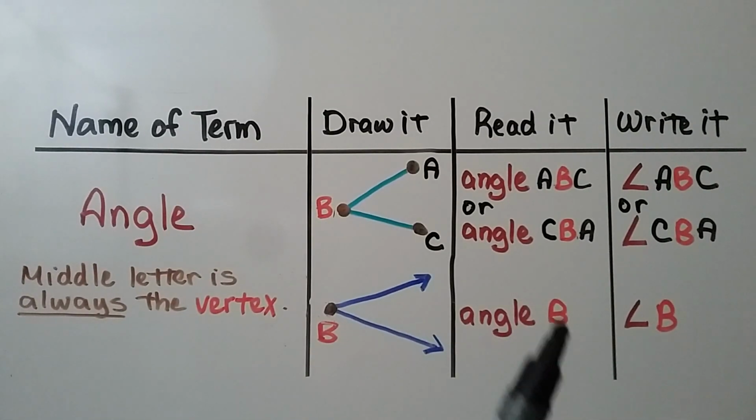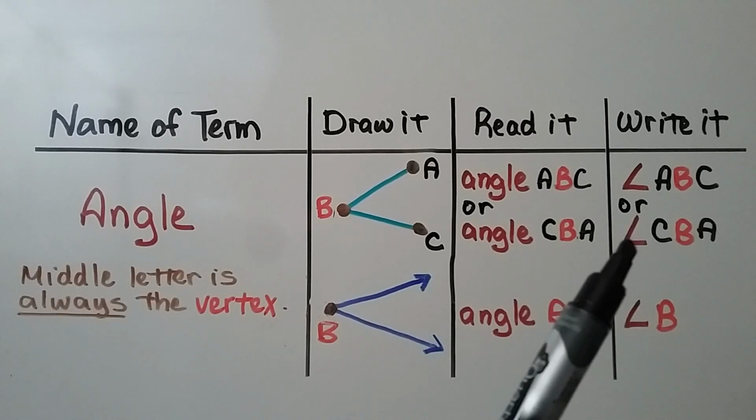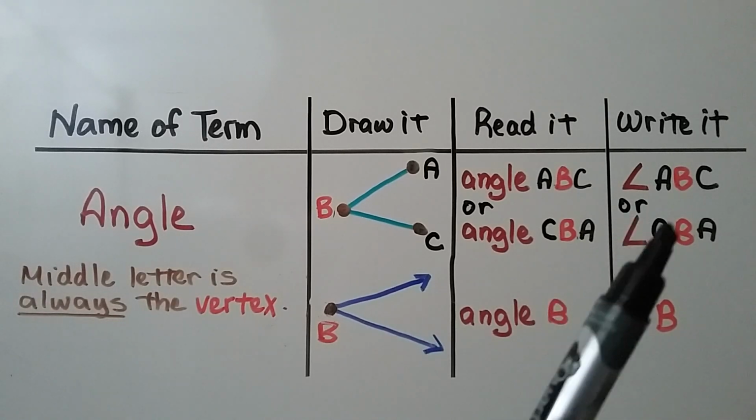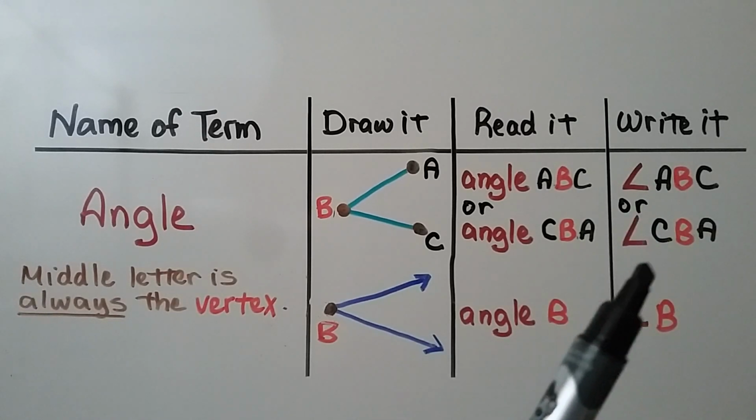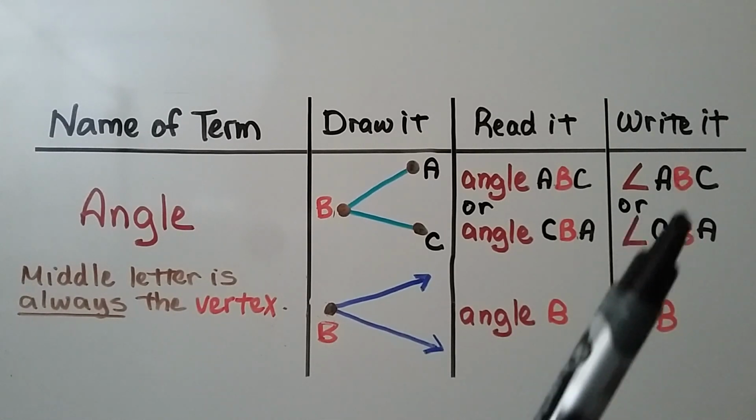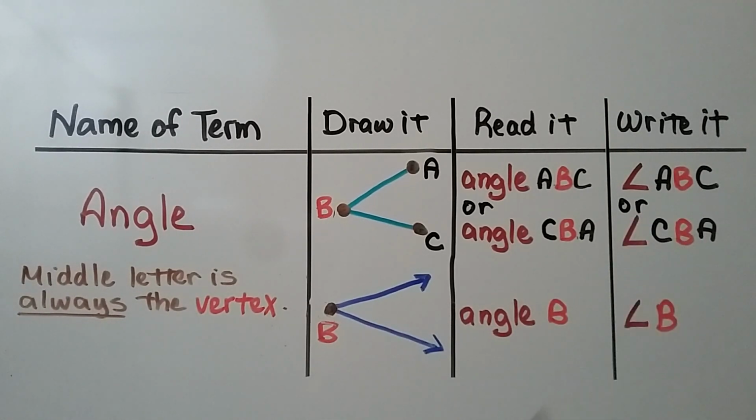And we would write it with this little symbol, which stands for angle, angle ABC or angle CBA. And see how the middle letter is the vertex? Sometimes they're just labeled with the vertex, and we would read this as angle B. We would write it as the angle symbol and B.